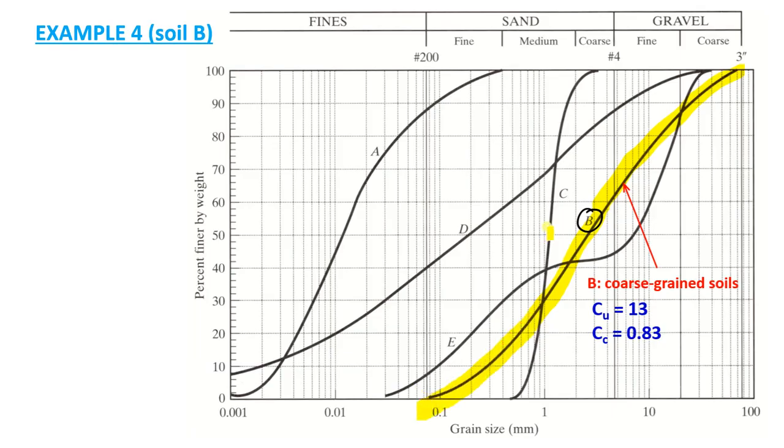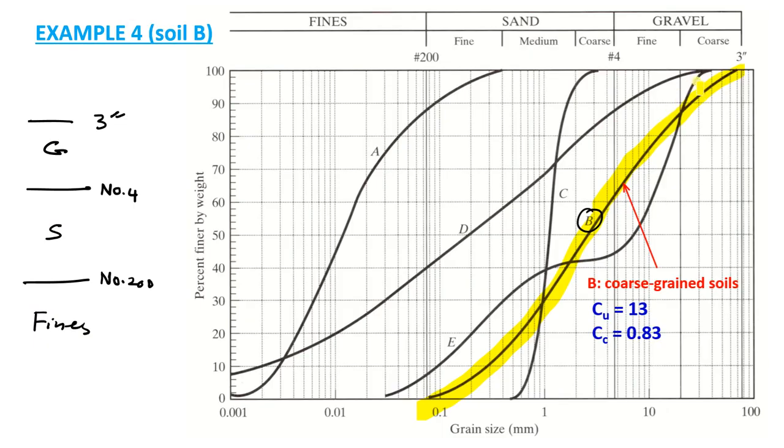Okay, so what is the first step? We have to look at the percentage passing from the 3-inch sieve, then from the number 4 sieve, and then from the number 200 sieve. The first one is gravel, the second one is sand, and the third one is fines.